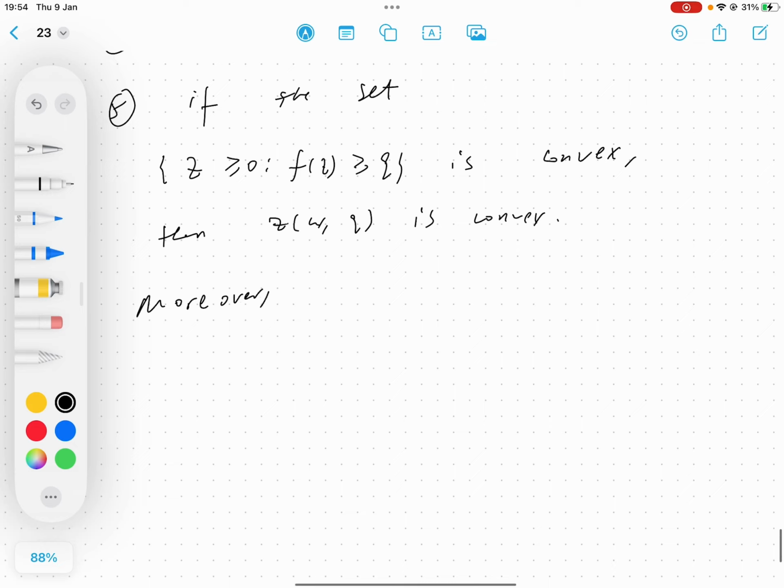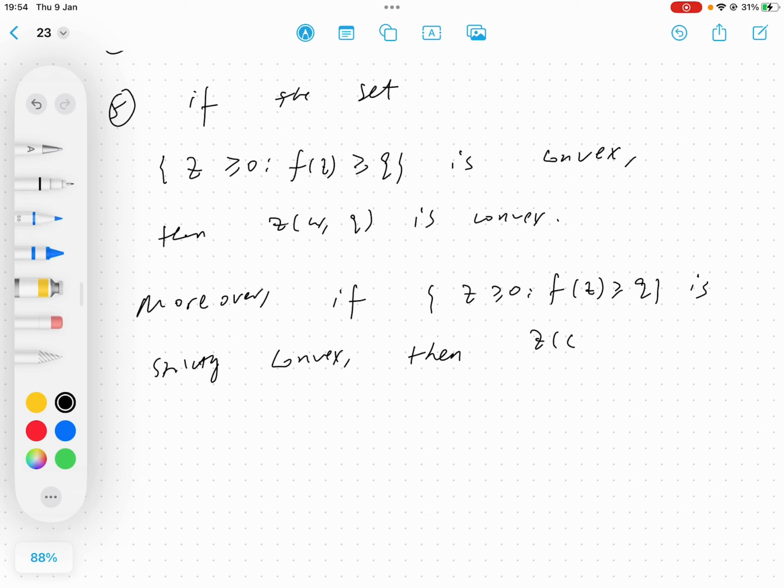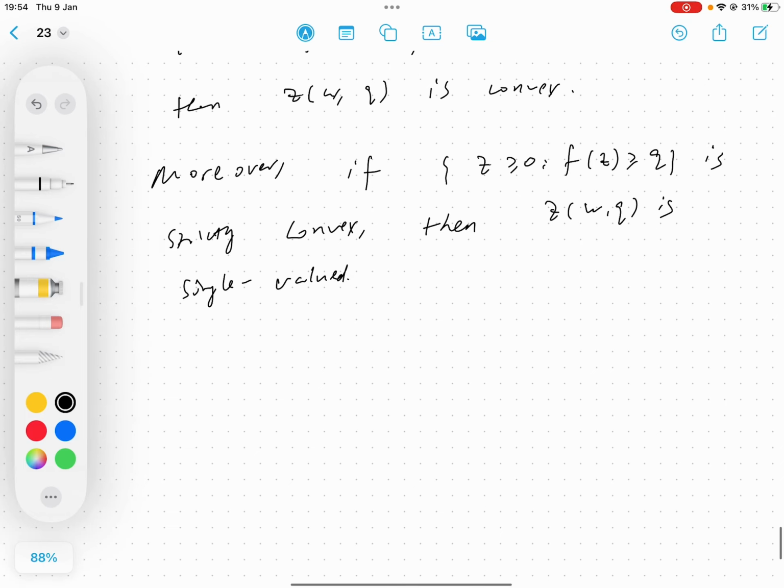Moreover, if that is strictly convex, then Z is single valued. Okay, we're very familiar with those statements, right? We've seen those a lot of times.